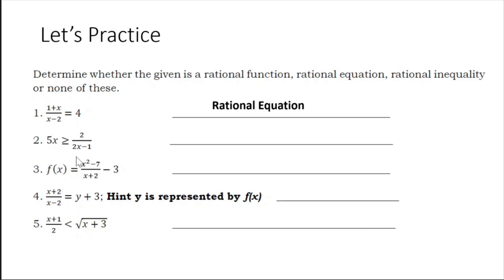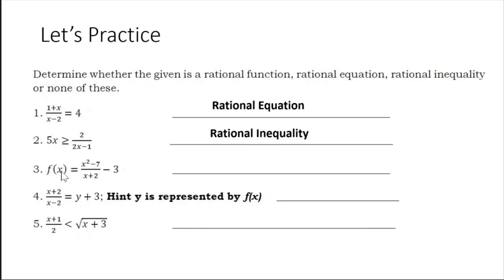If we analyze 5x and 2 over 2x minus 1, they are rational expressions, but with the greater than or equal to symbol, this is an example of a rational inequality.